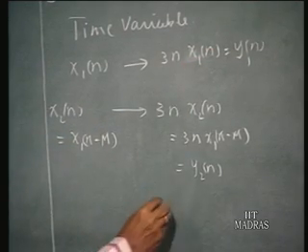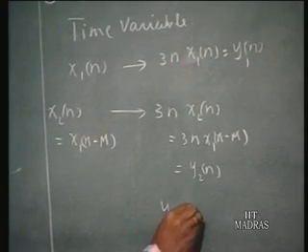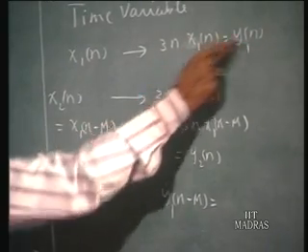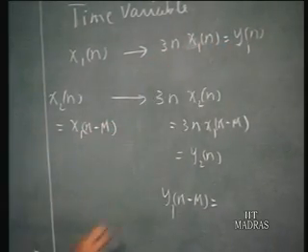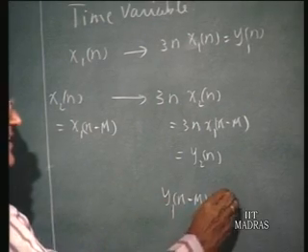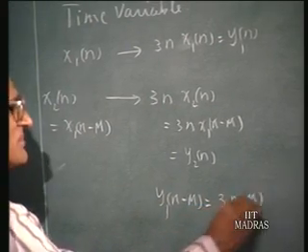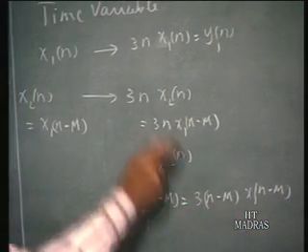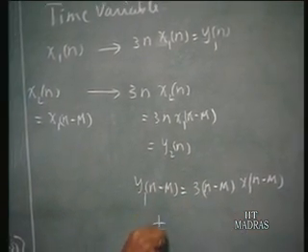Now if you want to see what y1(n minus m) is, y1(n) is 3n times x1(n). So y1(n minus m) will be 3 times (n minus m) times x1(n minus m), and that is different from this. This is not equal to y2(n).